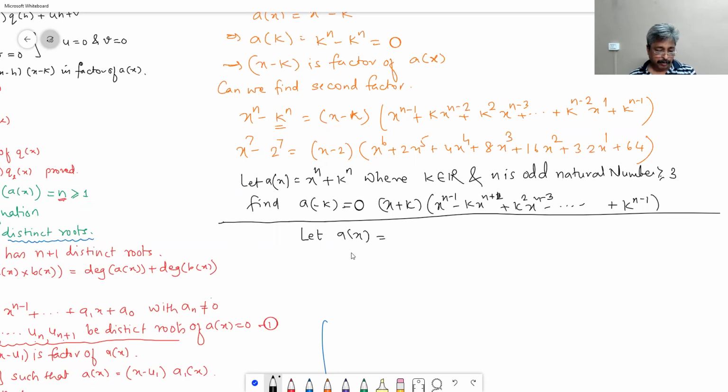Okay. Next problem. Let a of x is equal to x raised to 200 minus 1.